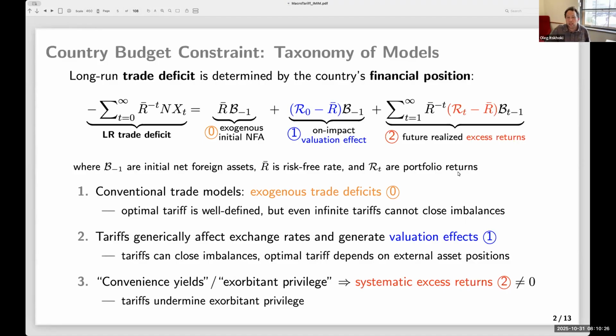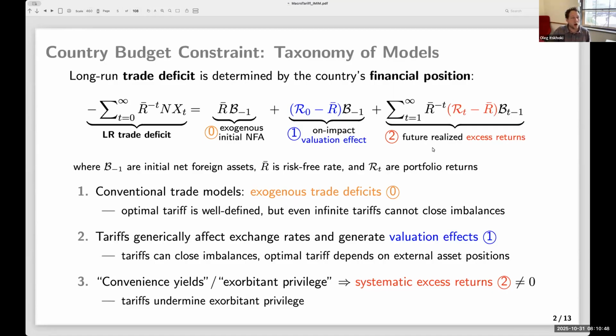And finally, there is a class of models where you can have excess returns. You can call this excess returns the unexpected part. And that's present in all models, even in those where there are no predictable excess returns. But then you can have systematic excess returns on portfolios. And some models will have these terms and some models won't.